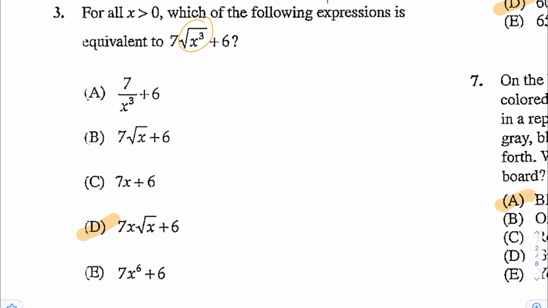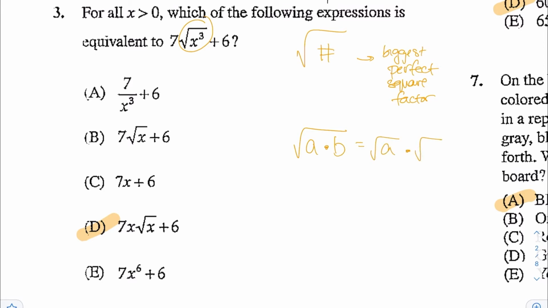So remember, when you square root a number here, you want to look for the biggest perfect square factor. So if you find the biggest perfect square factor, you can then split the square root into 2 pieces. That's like this, the square root of a times b is the square root of a times the square root of b. So this is actually one of those key laws of exponents that you have to remember.